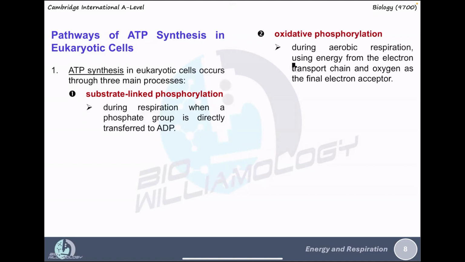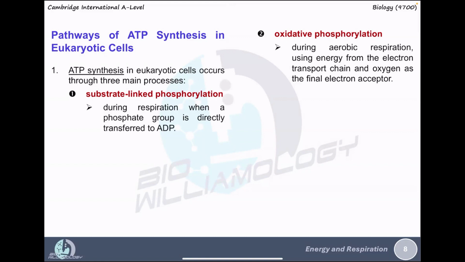The second way is through oxidative phosphorylation during aerobic respiration only. Anaerobic respiration will not form ATP through oxidative phosphorylation. This process requires the energy from the electron transport chain and oxygen as the final electron acceptor.